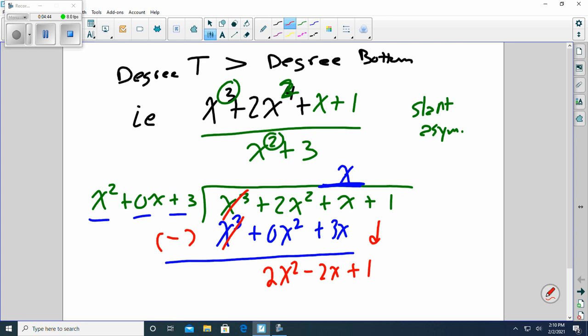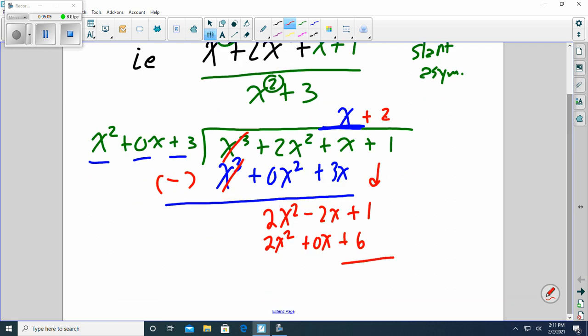Okay, my next step. What do I need to multiply that x squared by at the very far left of my board? What do I have to multiply x squared by to make it 2x squared? 2. So 2 times x squared, 2 times 0x, 2 times 3. Give me a little more room. I'm going to subtract 2x squared minus that. Those are gone.